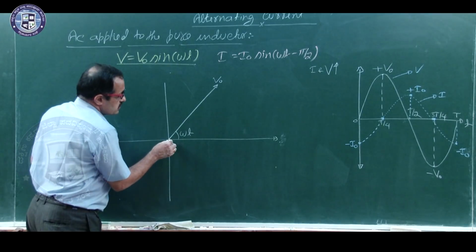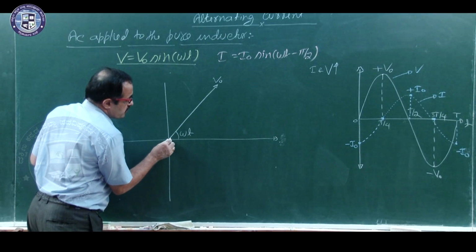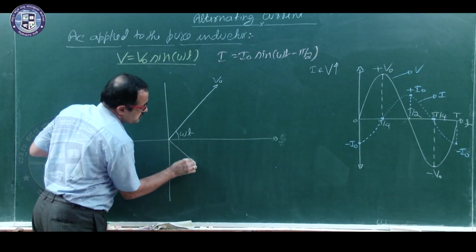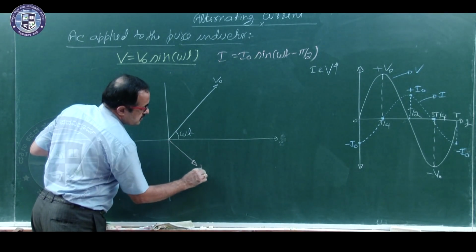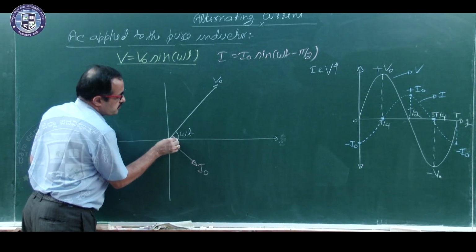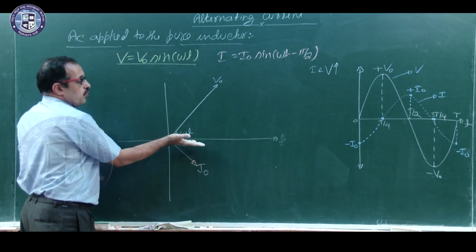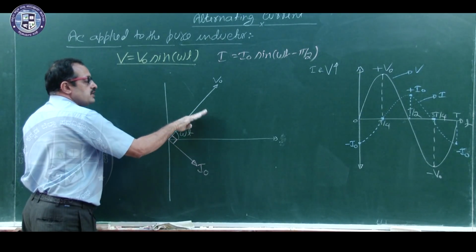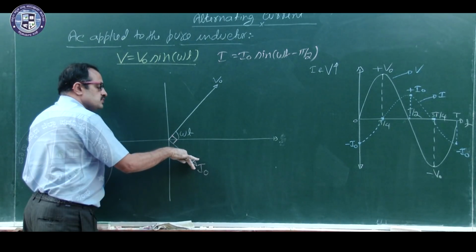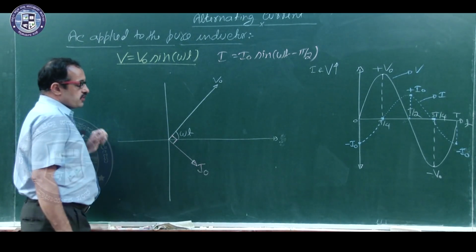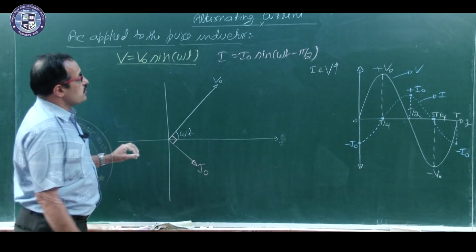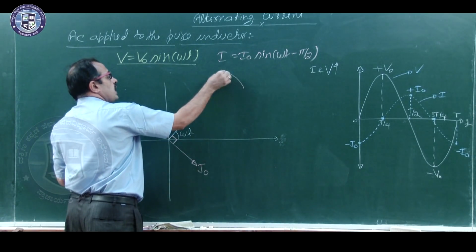Therefore, the current in the phasor drawing comes in this quadrant. This angle is 90 degree. So, omega t minus 90 degree, from here 90 degree down. So, this is the phasor drawing of current and voltage, and both of them are rotating in which direction? Anti-clockwise direction.